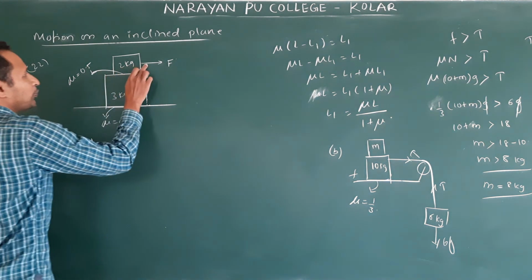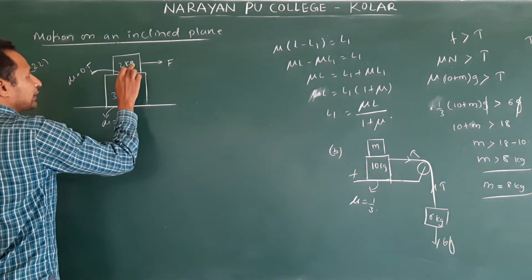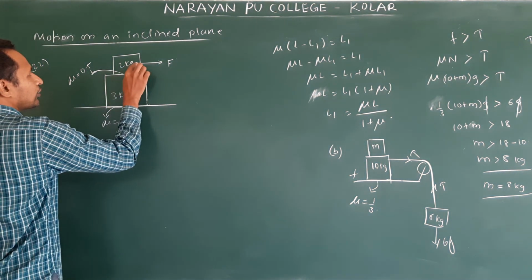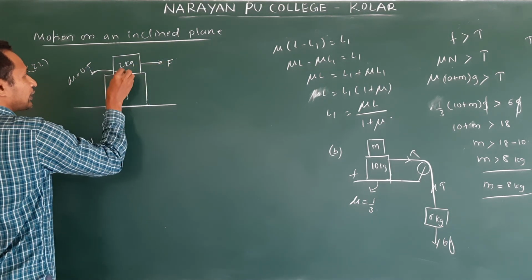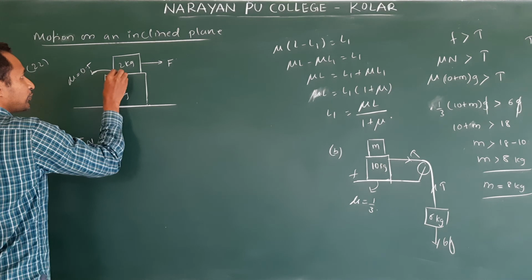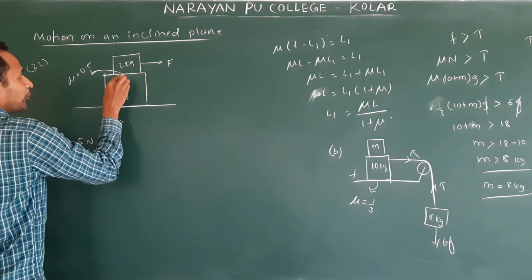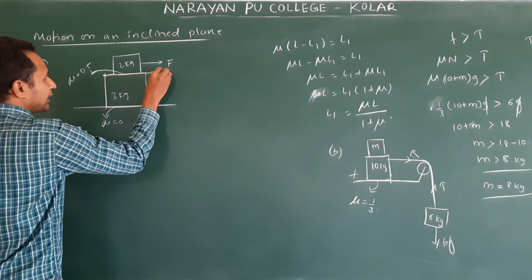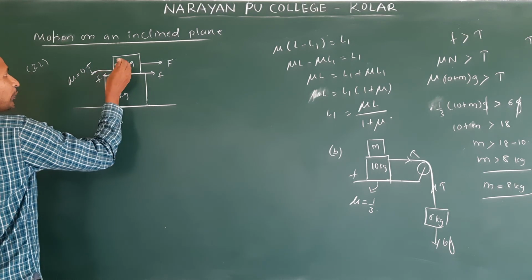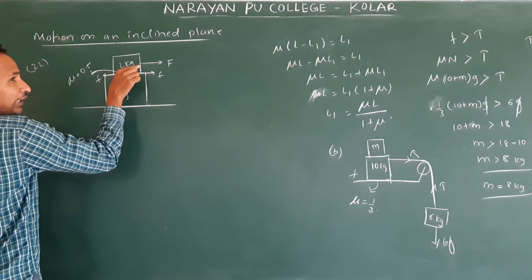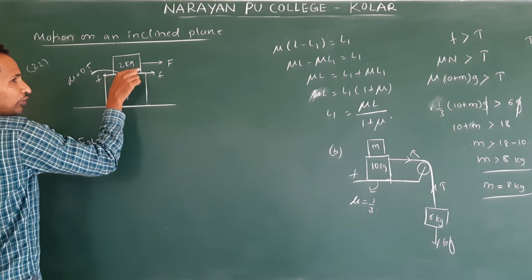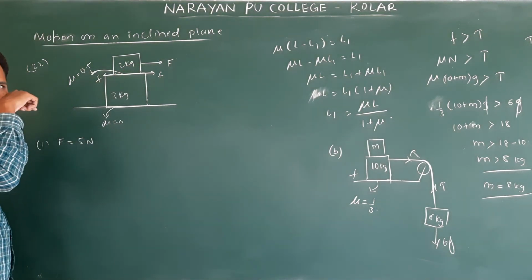When we apply the force on this body, the tendency of the body is to move in this direction, and friction will act. For this block it acts in this direction, but for the lower block it acts in this direction. For the first block, it is going forward, right? Am I correct or not? Yes or no? Clear?